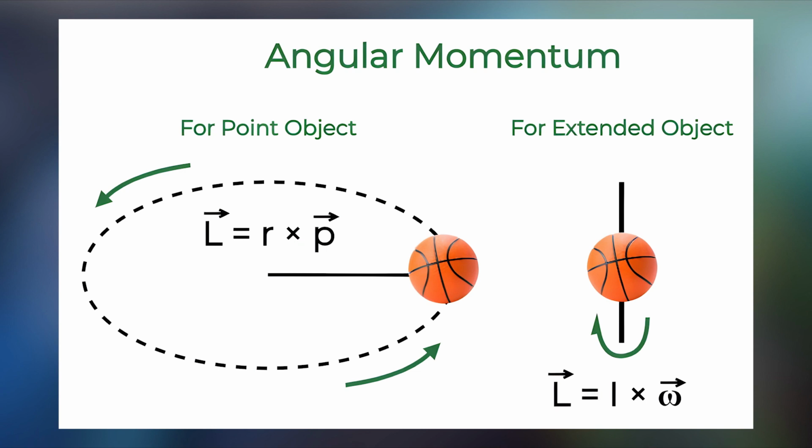For example, the Earth and the Sun are 1 AU apart, one astronomical unit, which is defined as the distance between the Earth and the Sun. So the Earth's angular momentum as it orbits the Sun would be equal to the mass of the Earth multiplied by the velocity of the Earth, the speed it's going around its orbit, multiplied by that distance of 1 AU, and that will give you the total angular momentum.